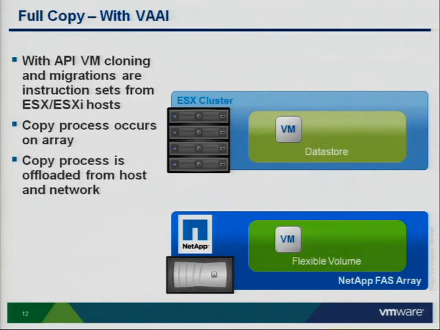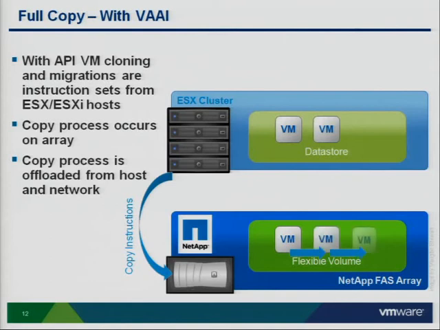Now with VAAI full copy, for the same example of requesting to clone a number of blocks, ESX would now issue a single extended SCSI command to the array, and the array offloads the operation and does the full copy at the array level. So as you can see here, it is much more efficiently done by the array.